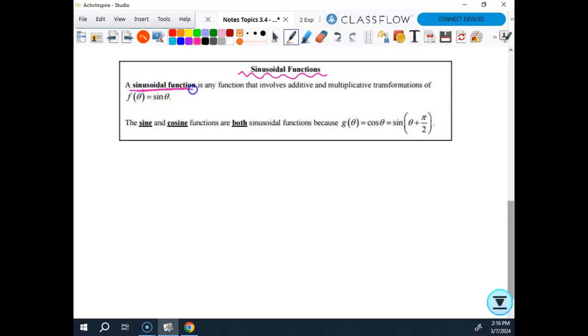So a sinusoidal function is any function that involves additive and multiplicative transformations of sine of theta. Therefore, sine and cosine functions are both sinusoidal functions because of this translation that we talked about. Okay? What questions you got? Perfect. I'll take that as none.